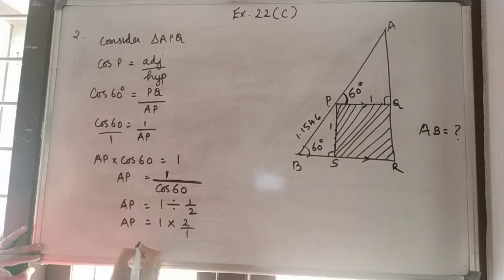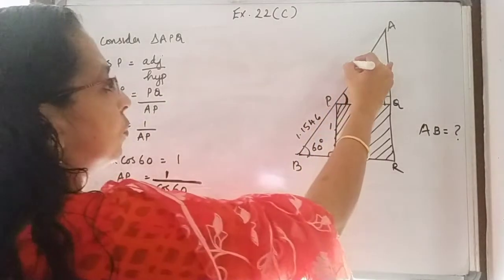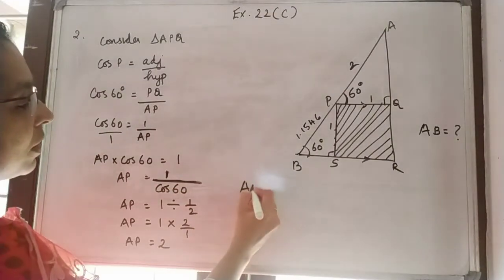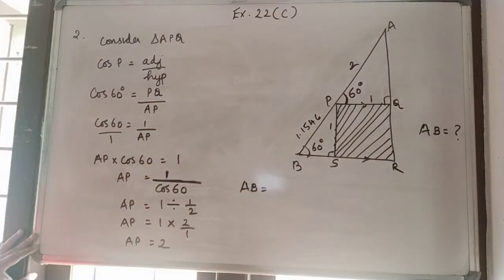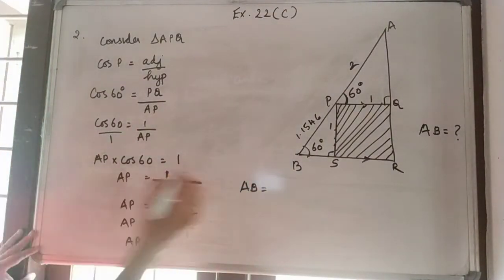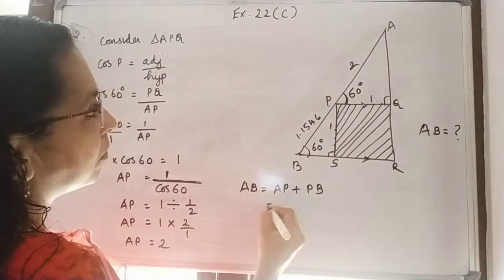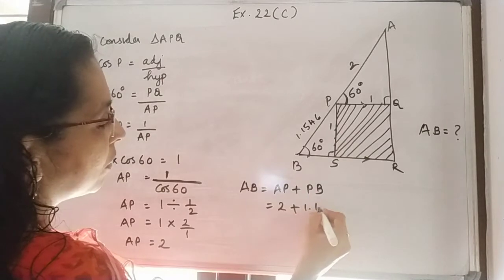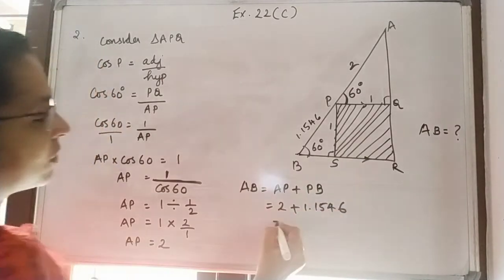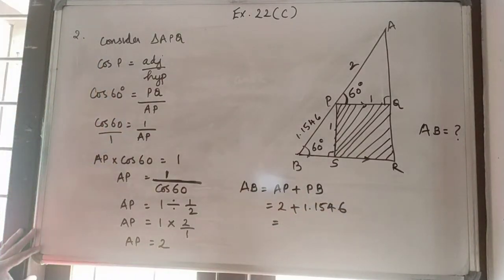So AP value is 2. Now how can we find AB? Very easy. AB is equal to AP plus PB. So AP 2 plus 1.1546 is equal to 3.1546.